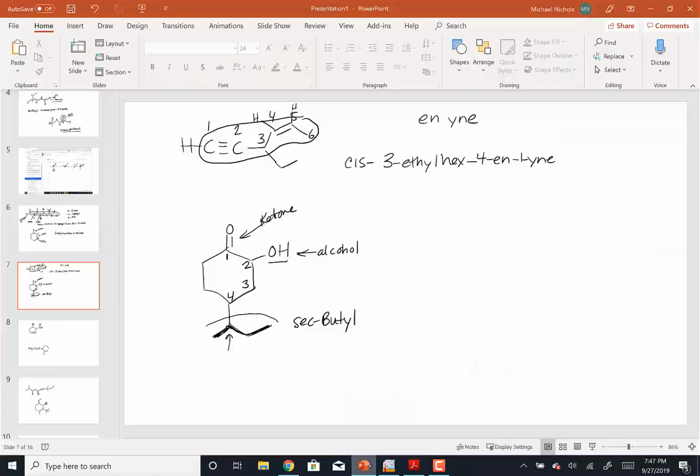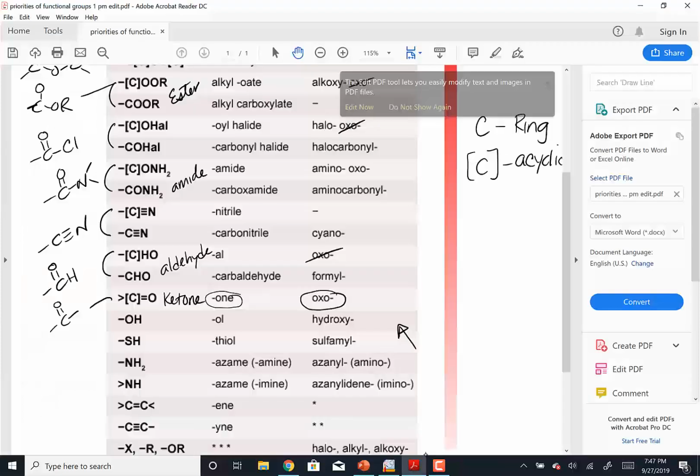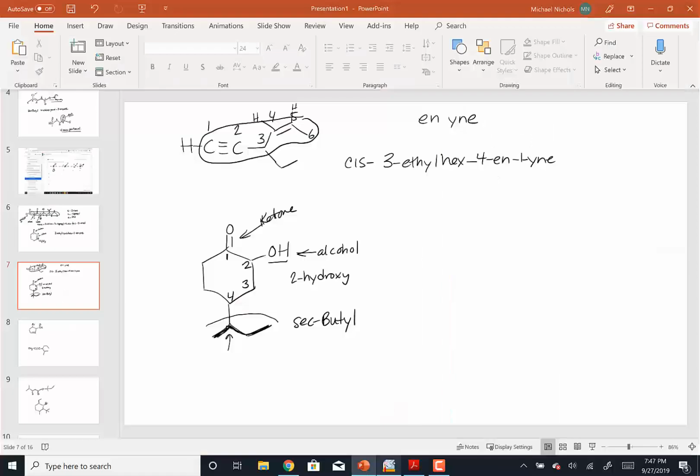So we're going to come back here and say this is a 2-hydroxy. Well, let me make sure. I think it's hydroxy. It's hydroxy. So we got a 2-hydroxy group and a 4-sec-butyl group. In terms of alphabetization, butyl wins because it's sec, it's hyphenated, and then hydroxy. So let's set up our list of substituents.